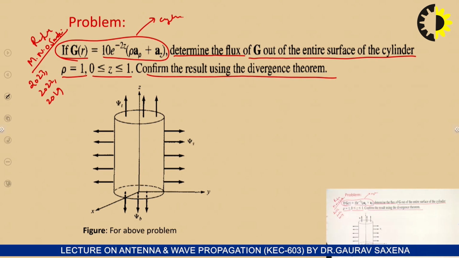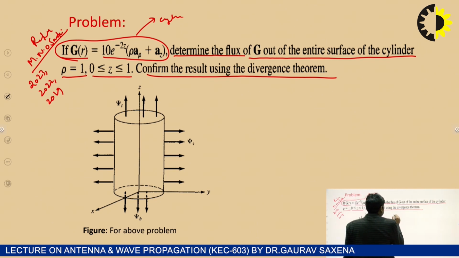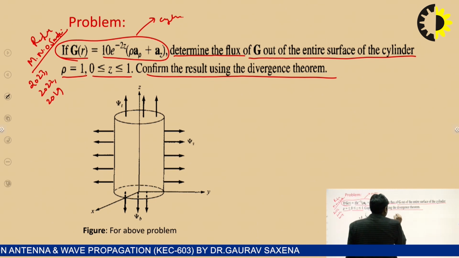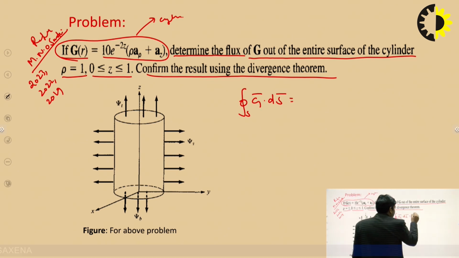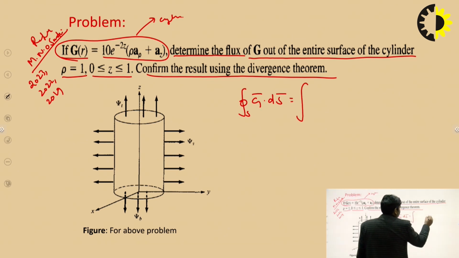First we write the Gauss divergence theorem in terms of the vector field G. We know that over a closed surface, the integral of G dot ds, the total outward flux, is equal to the volume integral, a triple integral, of the divergence of that particular vector.